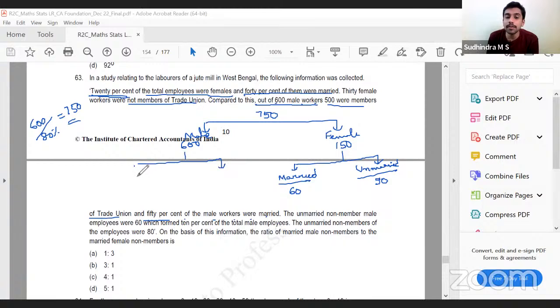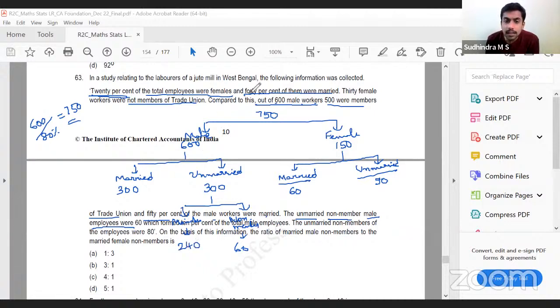So how many people were married male? 300. 300, correct. 300 married, 300 unmarried, correct. Unmarried non-member male workers were 60. So out of unmarried, non-members were 60. That means how many members who were unmarried? 240.